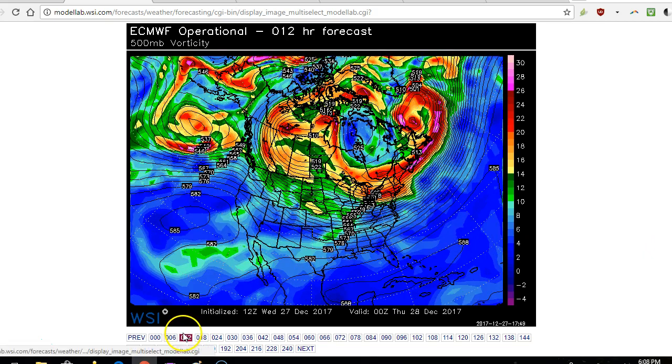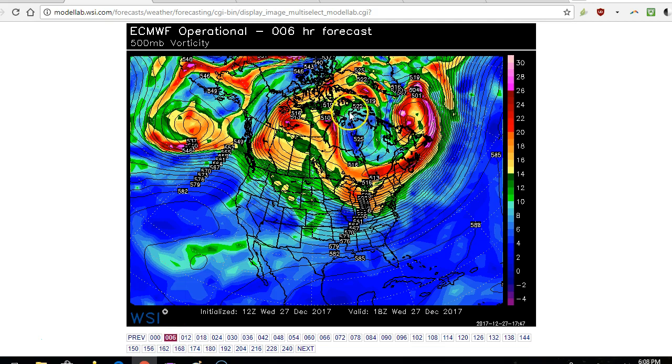We can see that right now we have a kind of a pseudo blocking feature in southeast Canada that has split the tropospheric polar vortex into two elongated pieces, and the elongated piece extending from southeast of Greenland all the way down into southern Quebec and northern New England has provided a lot of resistance, in that a storm has little room to amplify in this kind of pattern when the flow is very compressed and flat.